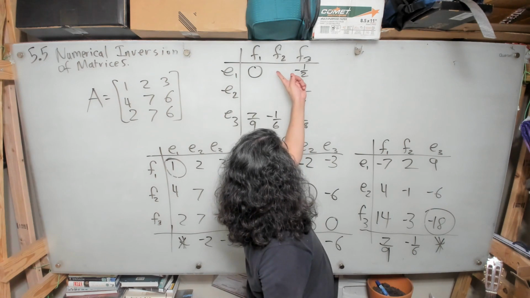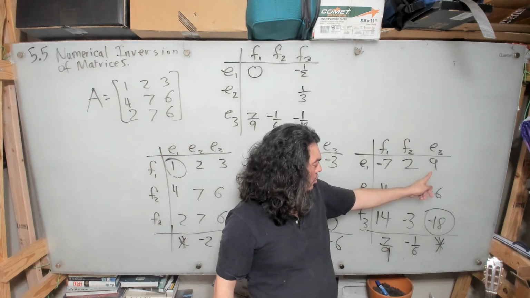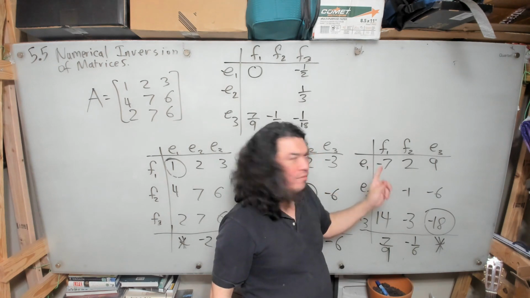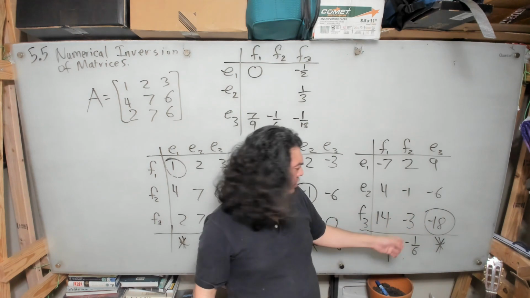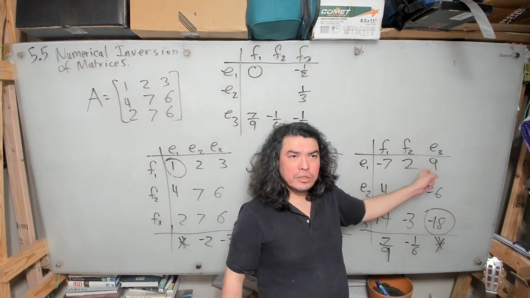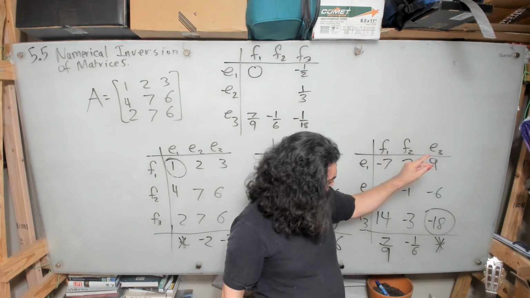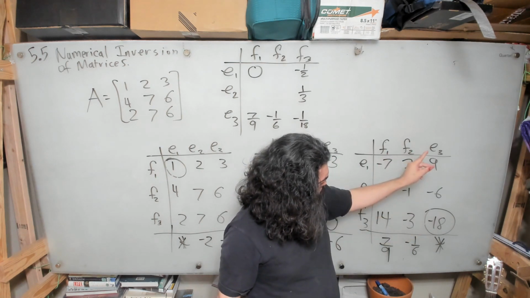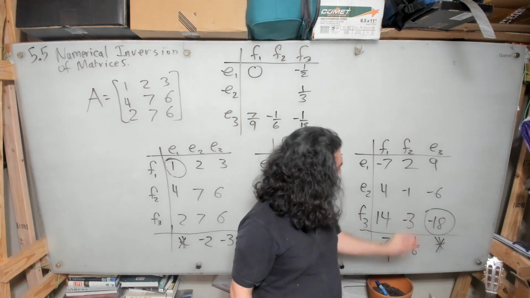What happens in the second space? Well, it'll be negative 1/6 times 9, which is negative 3/2, plus 2. 2 is the same thing as 4/2. So negative 3/2 plus 4/2 is 1/2.